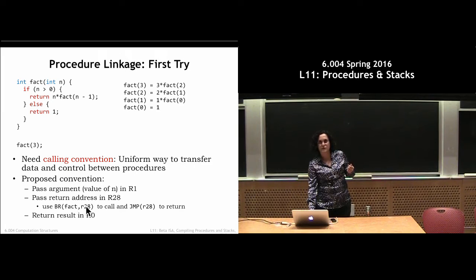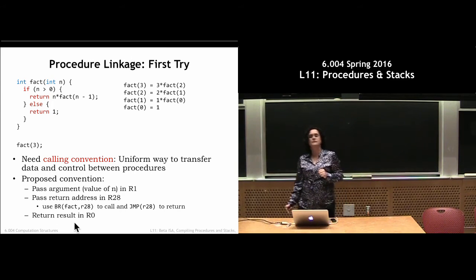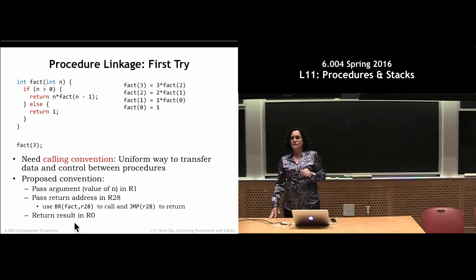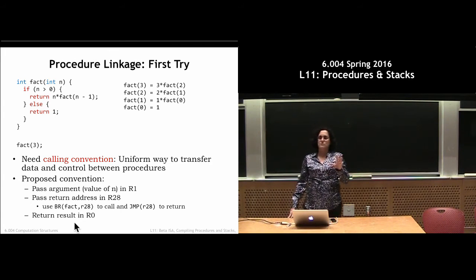In R28, you're storing your return address, which is the address of the instruction immediately after the branch. And then when you finish your procedure, you just have a jump to R28, which brings you back to the instruction immediately following the call to your procedure. Finally, our last piece of convention is that we can assume the result from the procedure is going to be put into R0, so when you pass control back to the caller, it knows where to find that result.